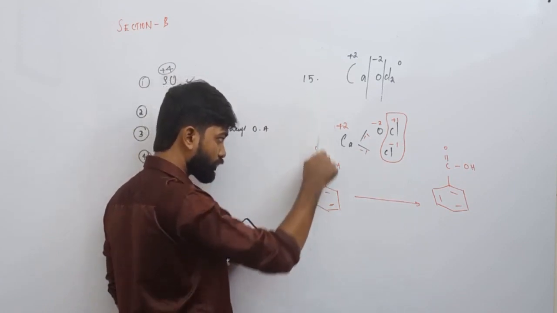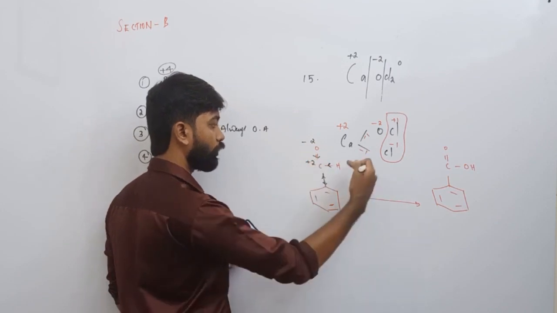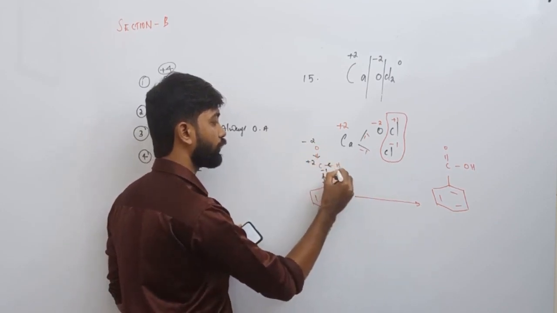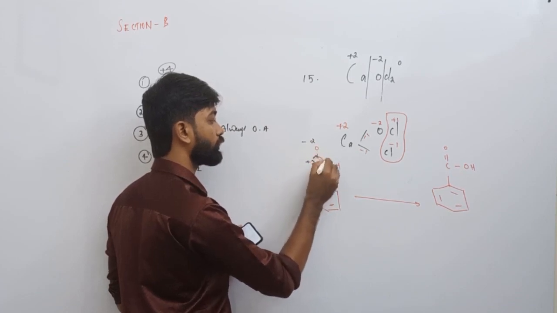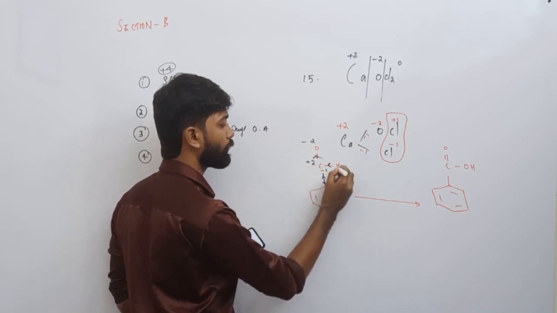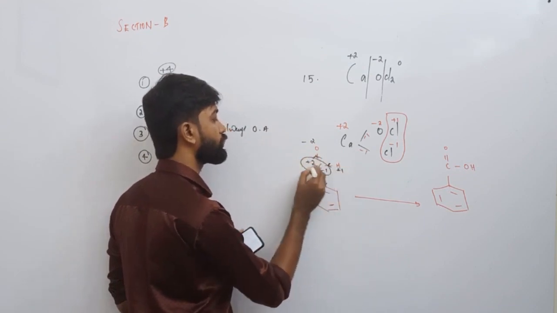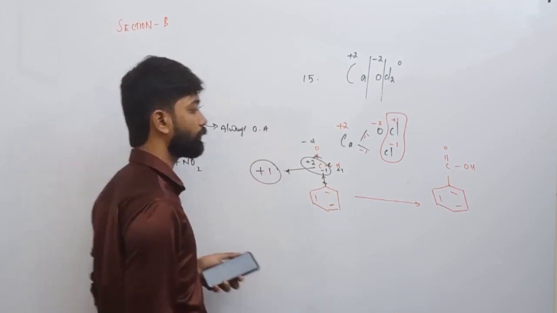If the bond is towards oxygen, minus 2, plus 2. This towards carbon, minus 1, plus 1. So the net charge of this is plus 1. So in benzaldehyde, the carbon is in plus 1.